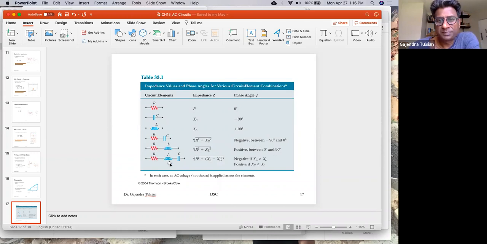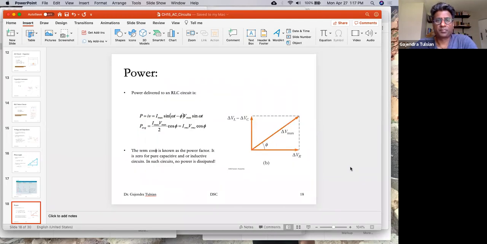And for the series RLC circuit, there's the impedance, and the phase angle is between minus 90 and 0 degrees if XC is greater than XL, and positive if XC is less than XL. So this summarizes what type of circuit you have.